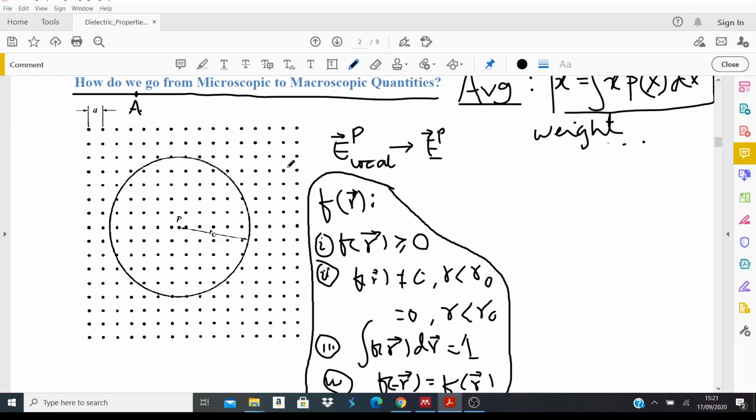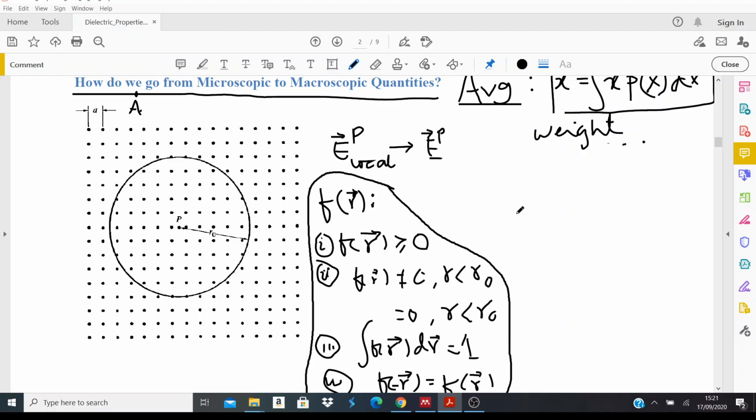But if you go outside, the contribution will be 0, because the function vanishes outside this circle. That's how the averaging process works. To find the field at that point, I will take the contribution of every point inside this circle, or in 3D, some sphere.